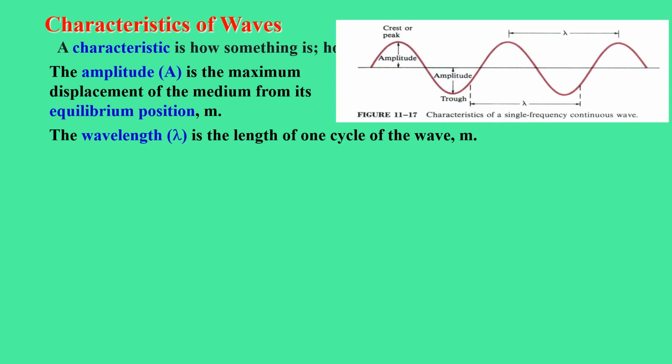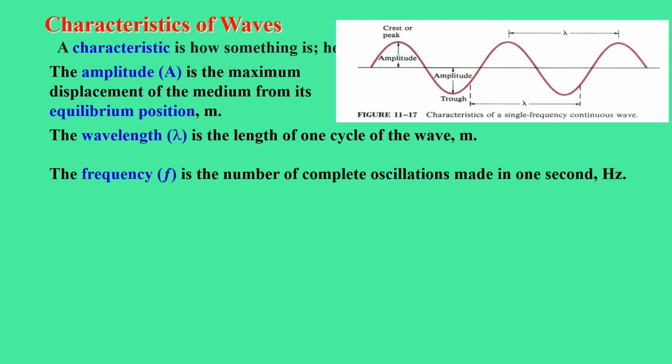The wavelength lambda is the length of one cycle of the wave. The frequency F is the number of complete oscillations or vibrations made in 1 second, and the unit is hertz.